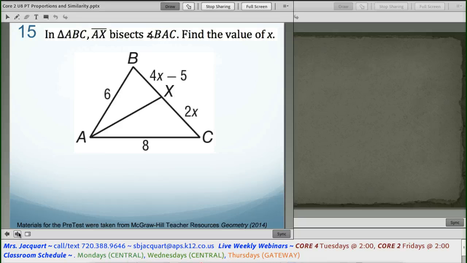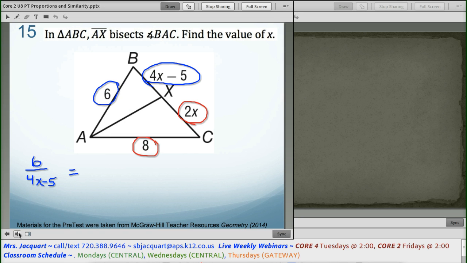Find the value of x. All right, so in these ones, I'm going to take 8 over 2, and it's going to equal 6 over that one. So 6 over 4x minus 5 equals 8 over 2x.